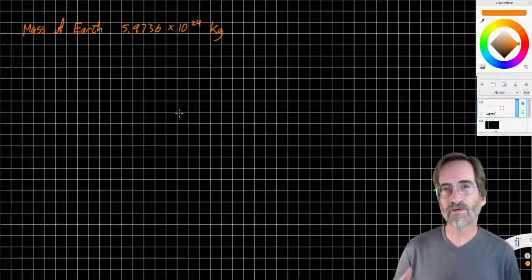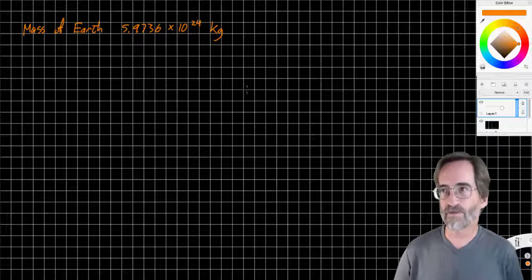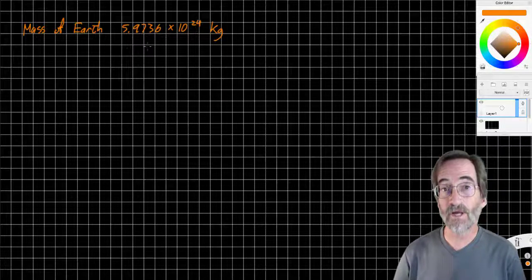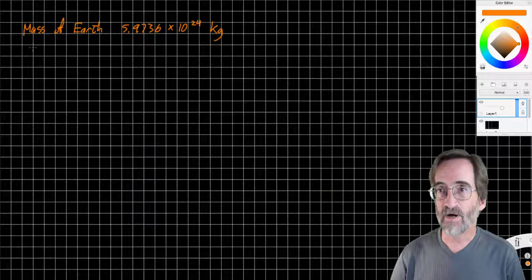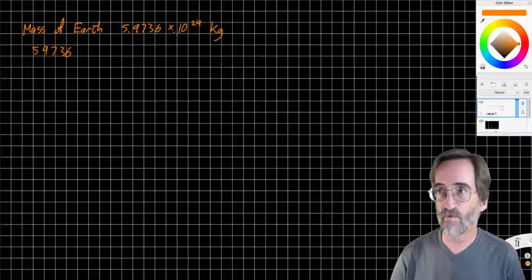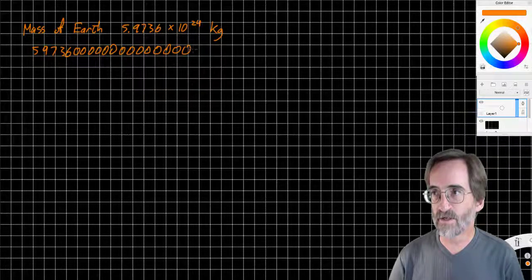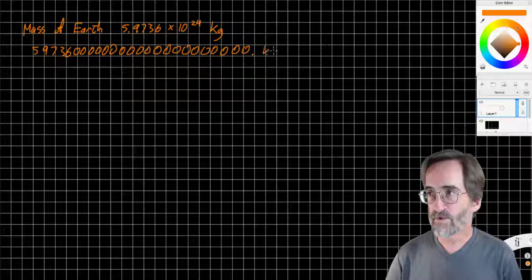But we have to understand what it means. Scientists don't like to write a whole bunch of zeros. Here's what this number means in standard notation. This is 5, 9, 7, 3, 6, and then 24 places, 1, 2, 3, up through 24, kilograms.